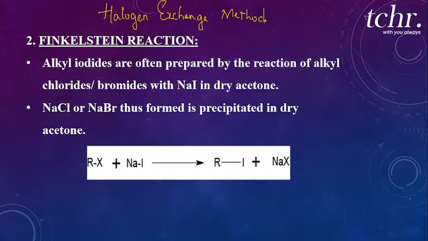The first one I'm going to explain is the Finkelstein reaction. This is one of the important naming reactions in the preparation of haloalkanes, my dear students. It is named after a scientist who did research on preparing haloalkanes using this method. The scientist's name is given to the particular reaction, known as the Finkelstein reaction.